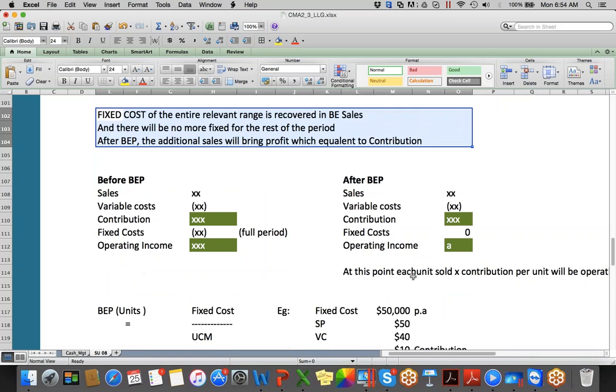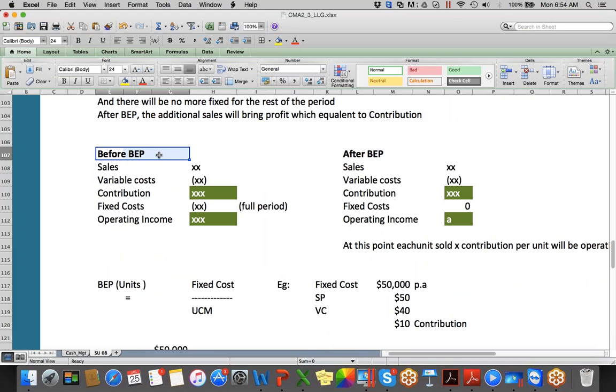Okay, so before break even point, your sales minus variable cost gives you contribution minus fixed cost. Remember, before break even point, full period fixed cost is recovered here. You may take 2 months time, you may take 3 months time, you may take 6 months time, that you need to find out.